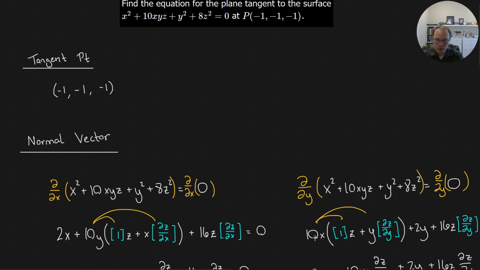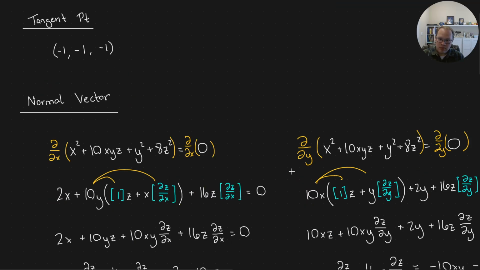My tangent point, as you may remember, was -1, -1, -1. Put that information together, I can construct my tangent plane. First component for my normal vector, x minus the x component of the point. Second component from my normal vector, y minus the y component of the point in the plane.